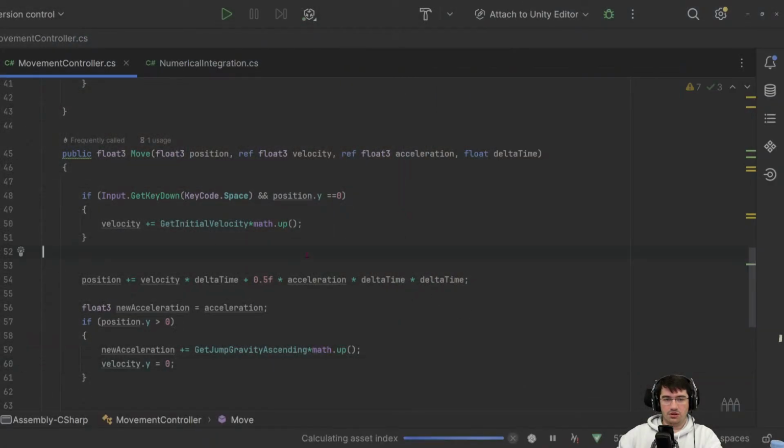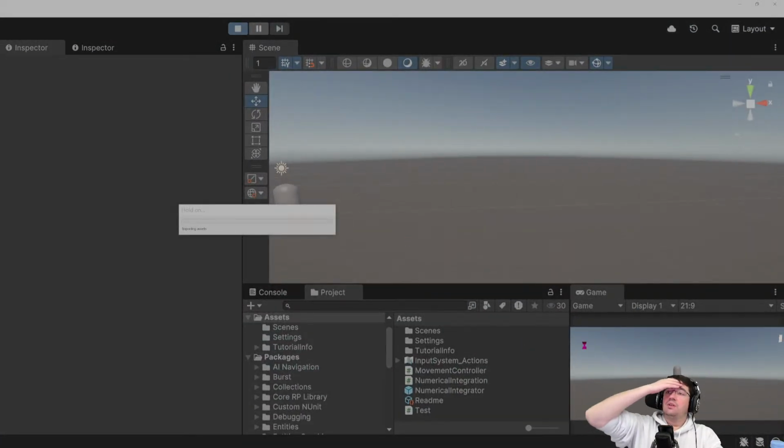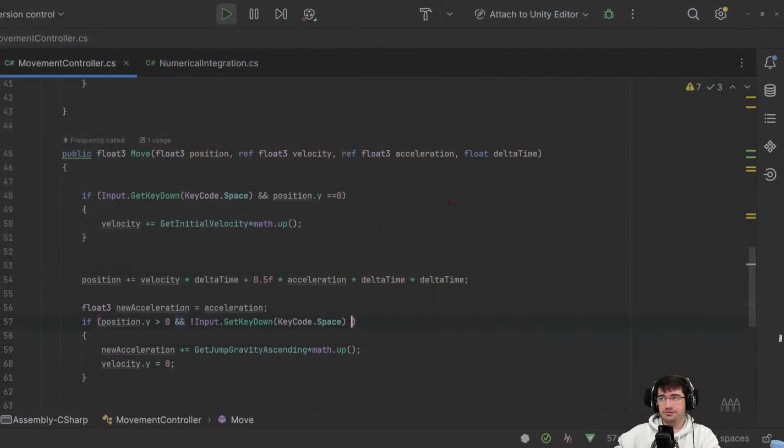It's no longer jumping. No, no, no, no, and no. So, guess I will figure that another day.